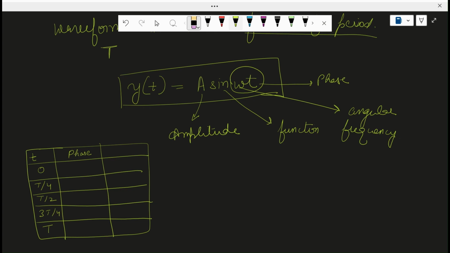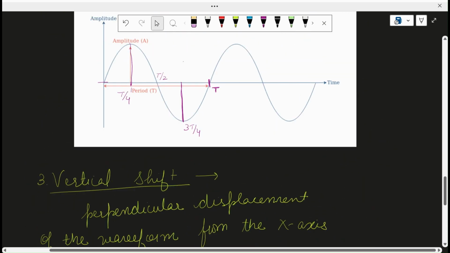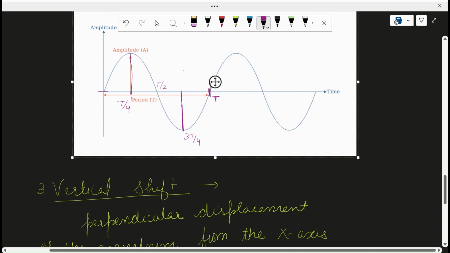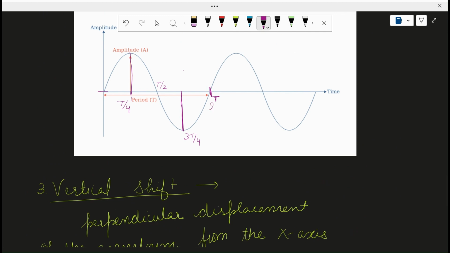So we know that for a sinusoidal wave, ωT is 2π. So this particular T has a phase of 2π. 2π divided by 4 will give us a value of π by 2.